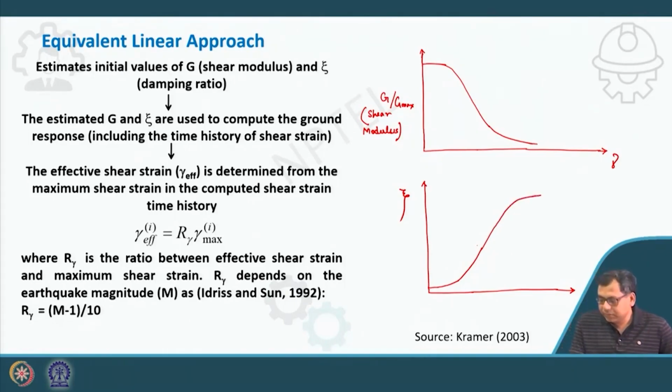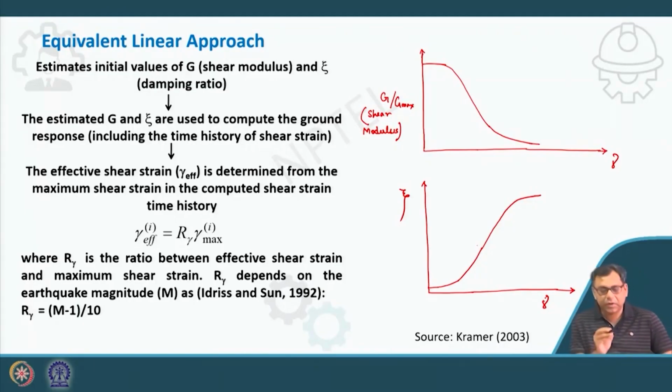So these are the two curves: G by G max, or G, versus shear strain, and the damping ratio versus shear strain. Now these two curves are available. In the previous case this G was not changing, so we did not consider the effect of strain on the shear modulus, because shear modulus depends on the strain, and on other factors also that we have already discussed. So we consider all these things and generate these two curves.